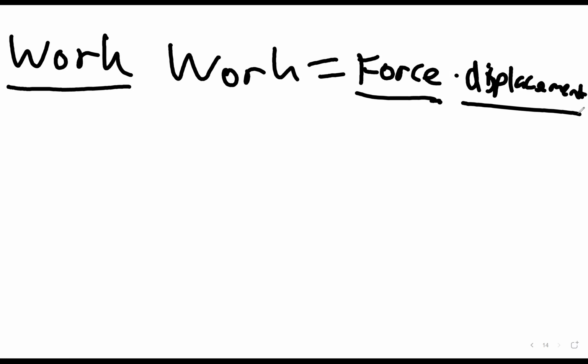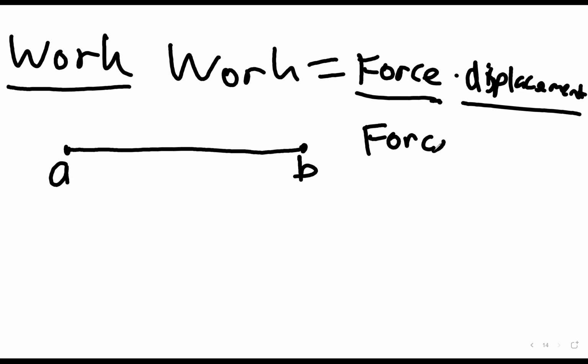Now, let us consider the following problem. Suppose that we want to move the object from x equals a until x equals b. And now the force is not a constant. It depends on x, f of x.